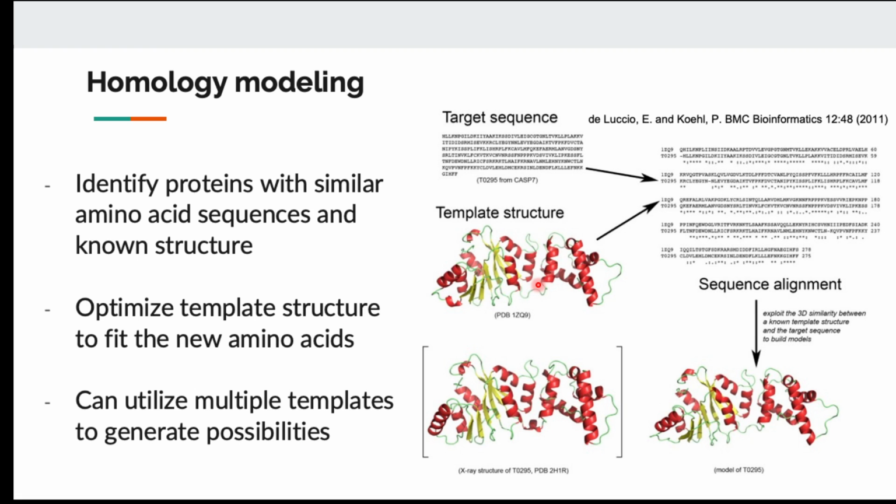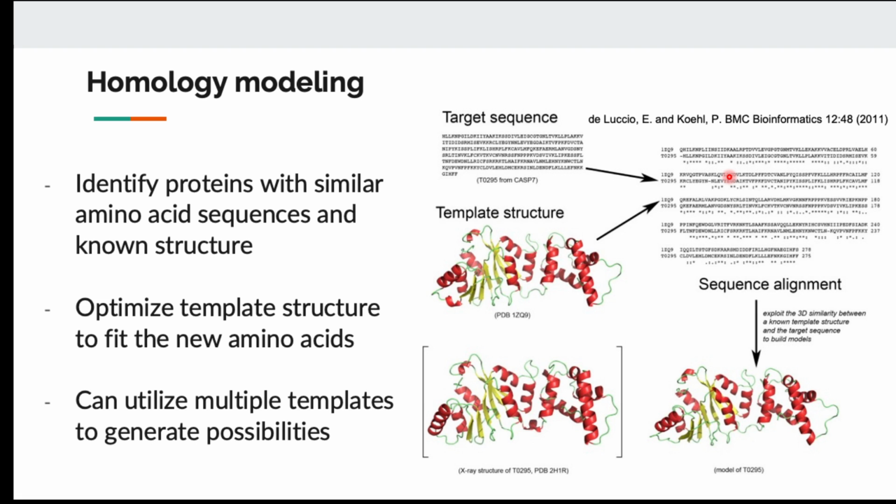In the beginning, the best technique that we had for modeling a protein structure was that we needed to know some similar proteins where we have some knowledge about the structure, and we use that protein as a template, as a starting point to predict the new structure. This is called homology modeling. Homology means similar. So we start with a new protein sequence and search a database of proteins to find similar proteins.